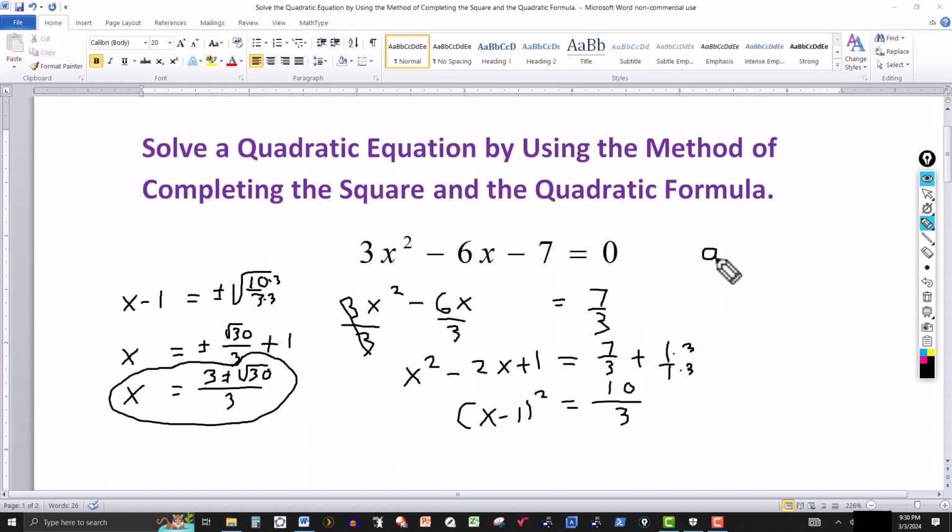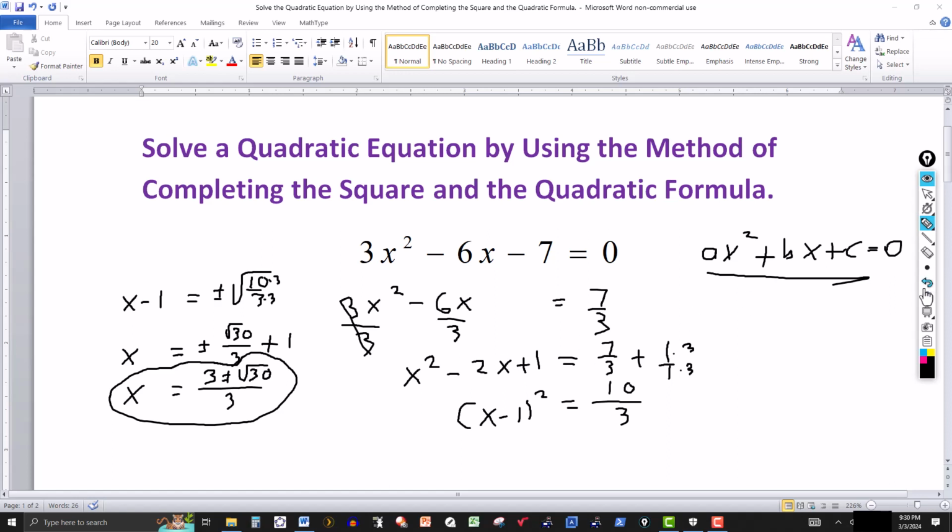If you have an equation, of course, in the form ax squared plus bx plus c equal to 0, you can solve it generally 3 ways. You can factor it. Sometimes it's not going to factor, so you'll use the method of completing the square or the quadratic formula. Now, if you were to take this equation right here and just pretend that a, b, and c are numbers or constants and use this procedure, completing the square, you'll get the quadratic formula.